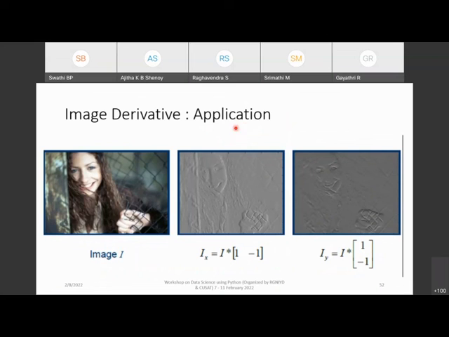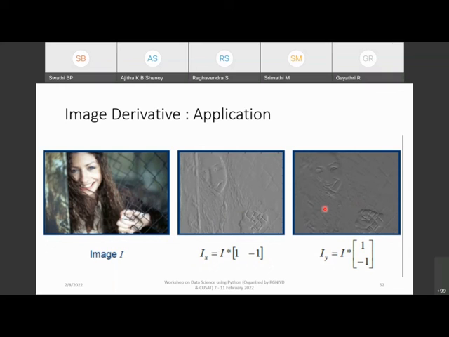Now, the application of the image derivative: suppose I am using the forward difference. Suppose this is my image I, and if I convolve I with this particular mask 1 minus 1, I will get Ix, that is the derivative of I with respect to x, the partial derivative with respect to x. Similarly, I will get the partial derivative with respect to y by applying the vertical mask 1 minus 1, that is column wise. So this is my Iy.